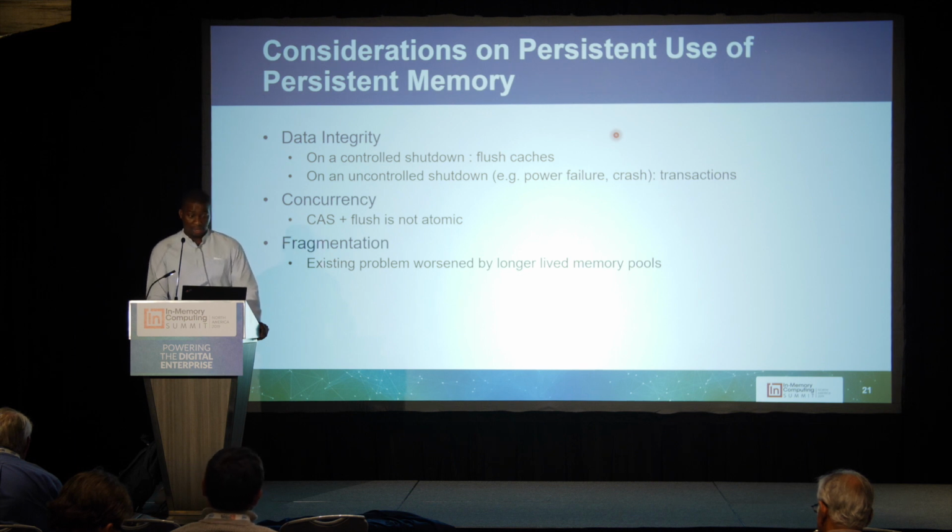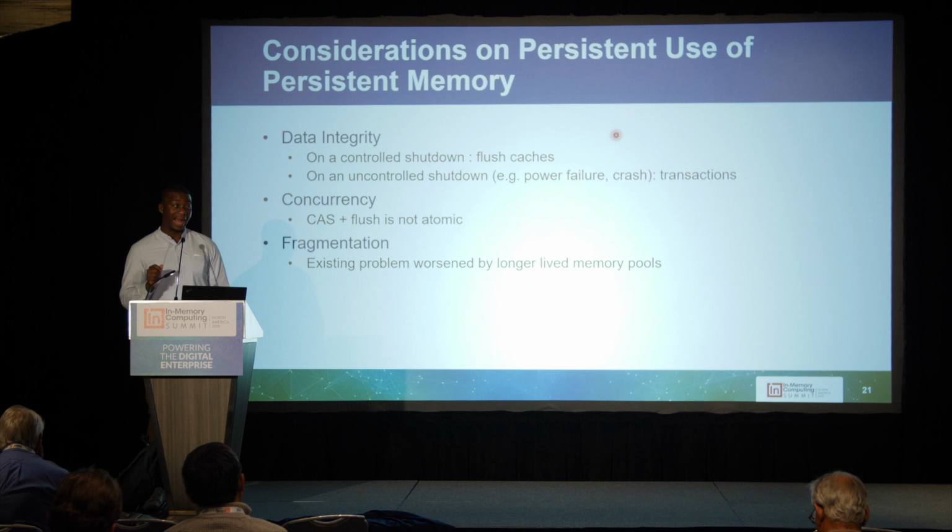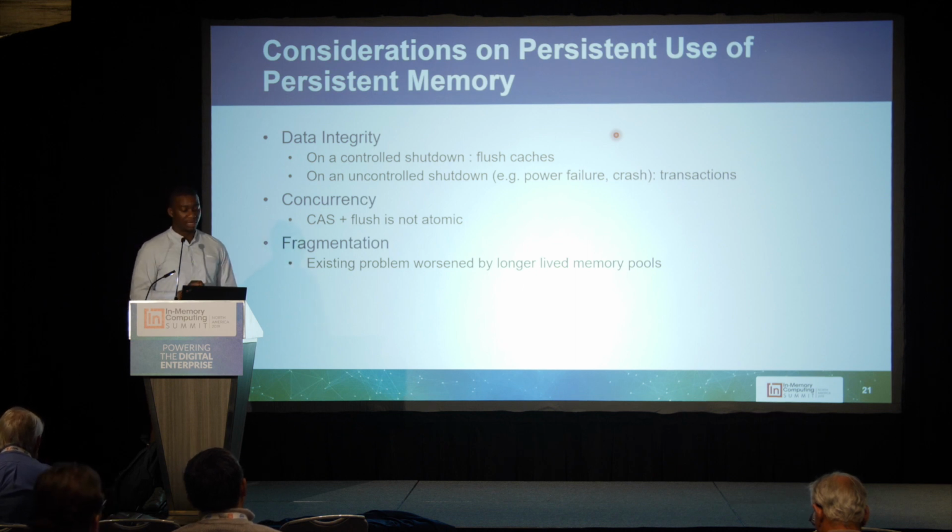The next thing is concurrency. Again, we're talking about things to consider when using persistent memory. If you want concurrency and data integrity, you might want to think about this. First of all, most lock-free algorithms use the compare and swap instruction. And if you want concurrency and data integrity, there needs to be a flush in there somewhere. But compare and swap plus flush is not atomic.